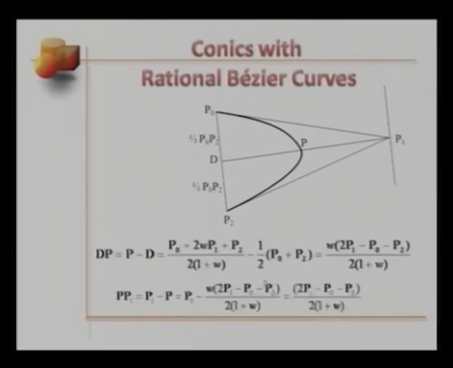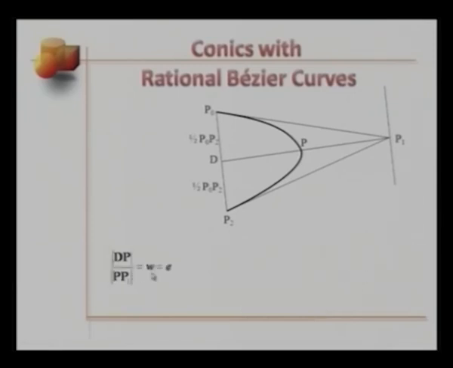So, the absolute value of dP over the absolute value of PP1 equals W. Let me go back. Notice that these terms are the same here. If I divide the absolute value of dP over PP1, these terms cancel out and these terms cancel out, and what is left is W here. So, absolute value of dP over absolute value of PP1 equals W, which is the eccentricity of the conic.